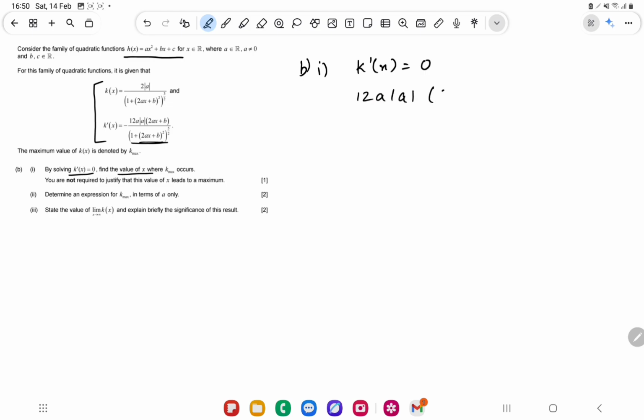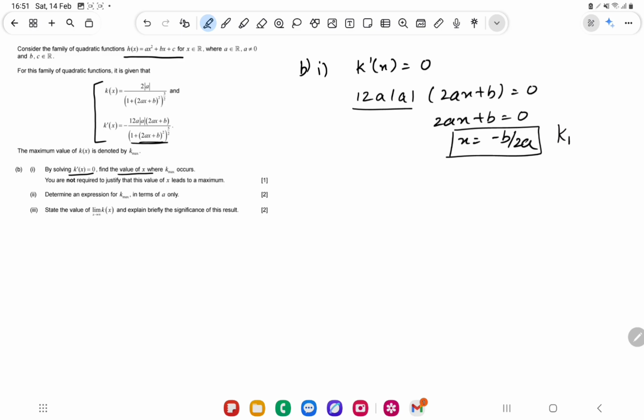So I am left with 2ax plus b equals 0, since a and b are constants. So x is nothing but minus b by 2a. So this is my value of x where k max occurs.